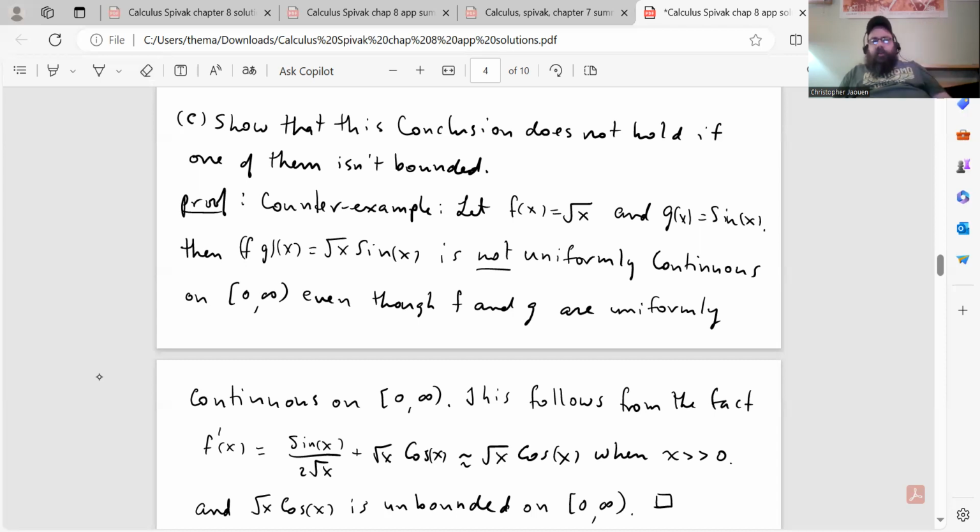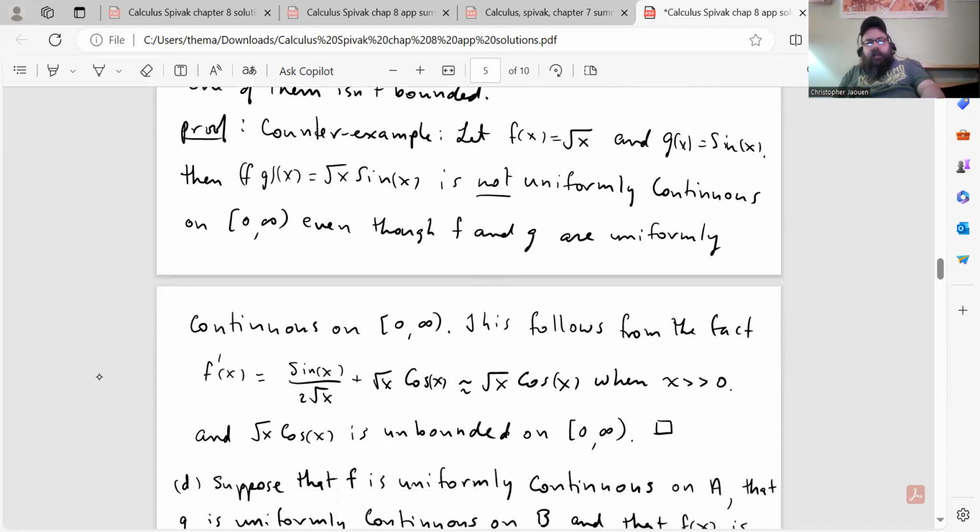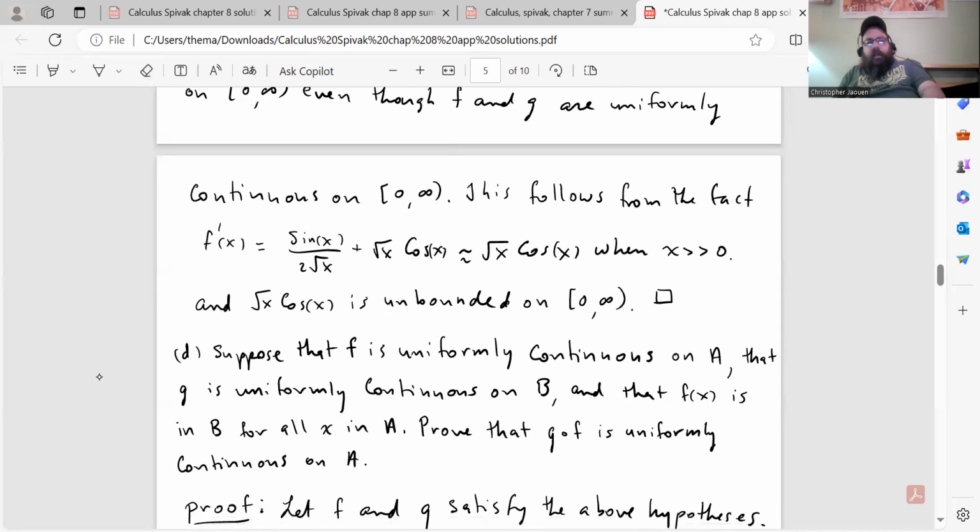And g of x equals sine x is also uniformly continuous on the interval from 0 to infinity. Then fg of x equals square root x sine x is not uniformly continuous on the interval from 0 to infinity, even though f and g are uniformly continuous on that interval.